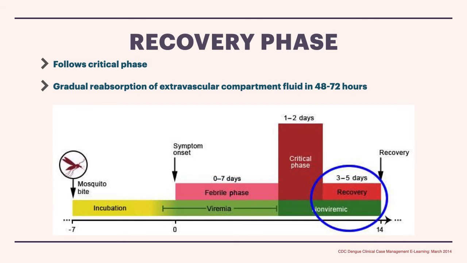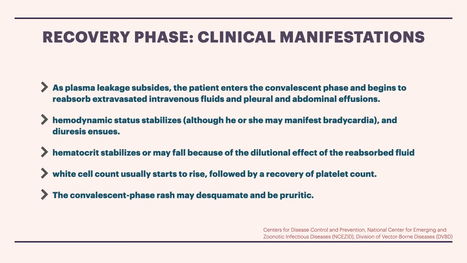After 48 hours from the critical phase, the recovery phase follows, wherein there is a gradual resorption of extravascular compartment fluid in 48 to 72 hours. As plasma leakage subsides, the patient enters the convalescent phase and begins to reabsorb extravasated and intravenous fluids and pleural and abdominal effusion.